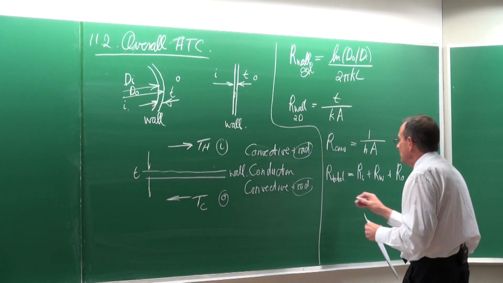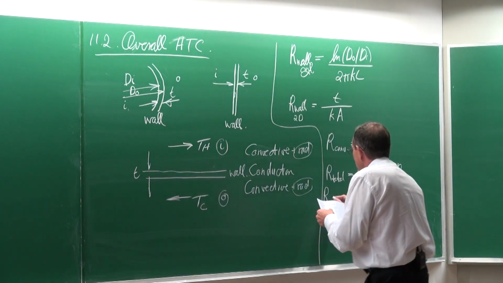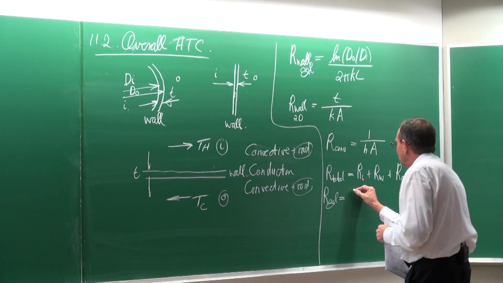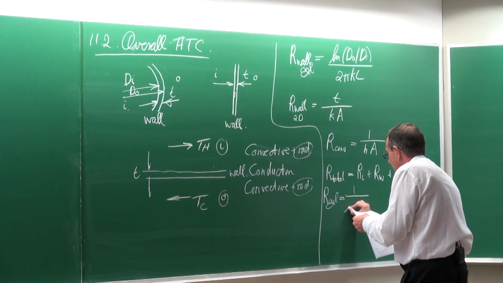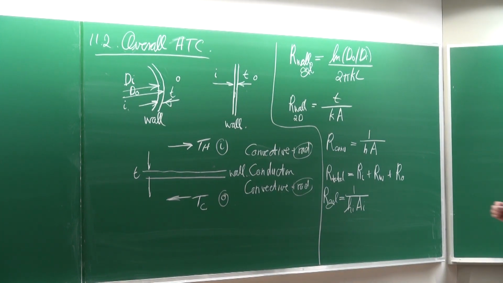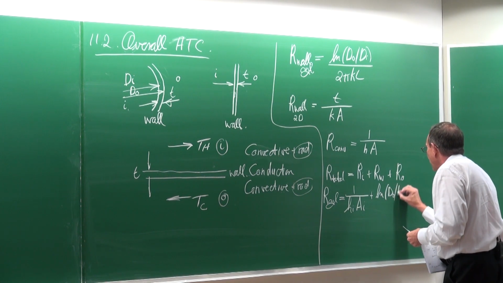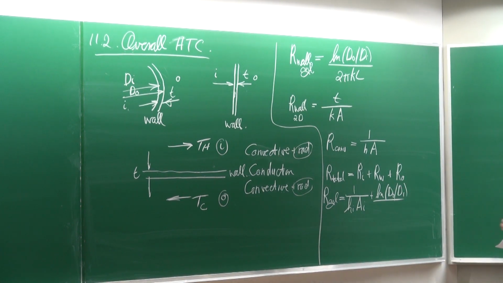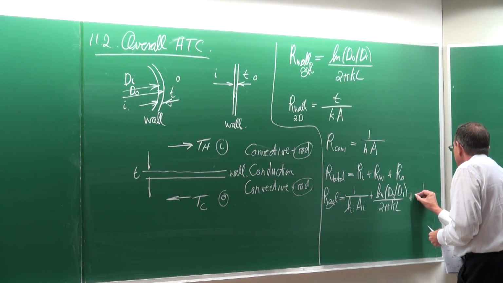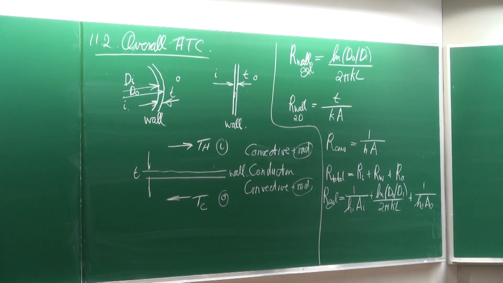So if we look at a body which has this type of geometry, cylindrical in nature, then the total resistance would be equal to 1 divided by the heat transfer coefficient on the inside multiplied by the surface area on the inside, plus the ln of the diameter on the outside divided by the diameter on the inside, divided by 2 pi KL, plus 1 divided by the heat transfer coefficient on the outside multiplied by the area on the outside.